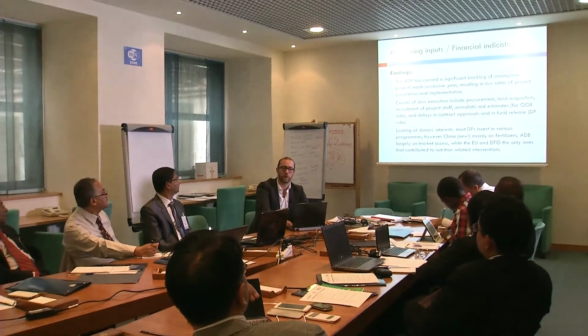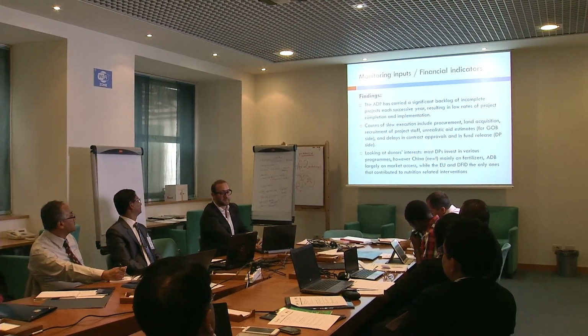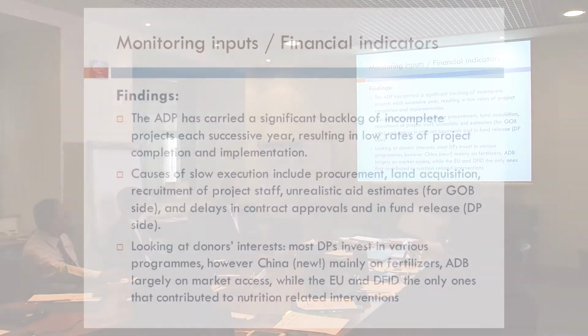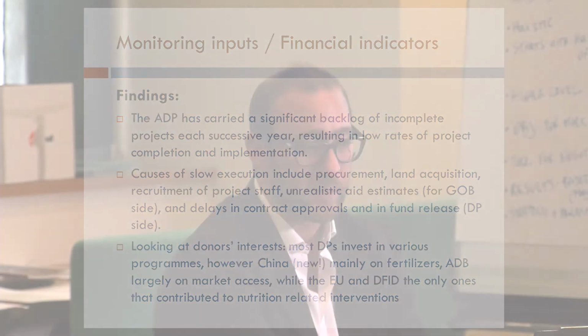And the final one, the findings of the monitoring of the financial part, is that Bangladesh has shown significant results, but there are some areas that lag behind. Some of the investment areas are not yet up to the mark and need more attention.